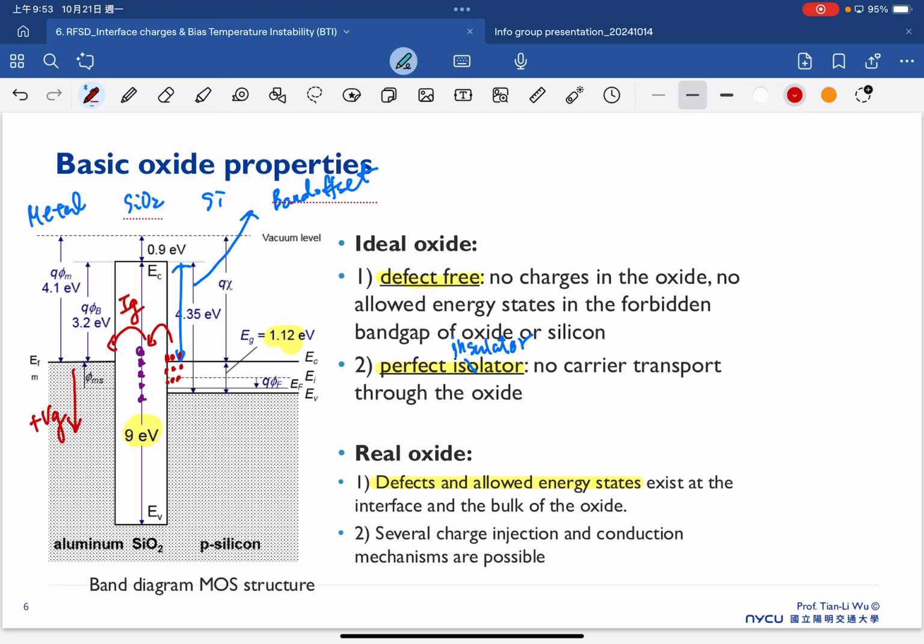So that's the issue inside the dielectric if we have defects. There are defects and allowed energy states inside the dielectric, and the interface might also have them. These are all allowed energy states at the interface, so these are the interface states.